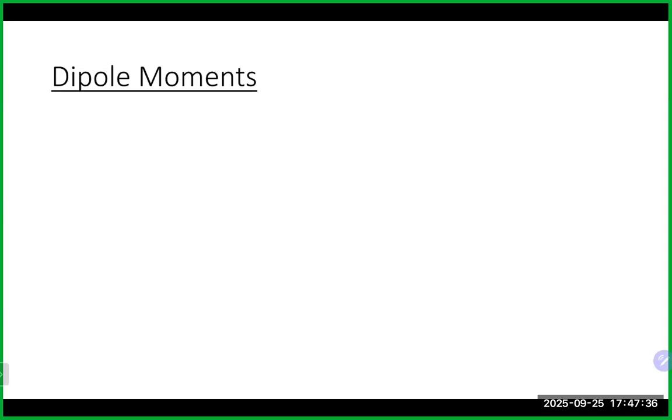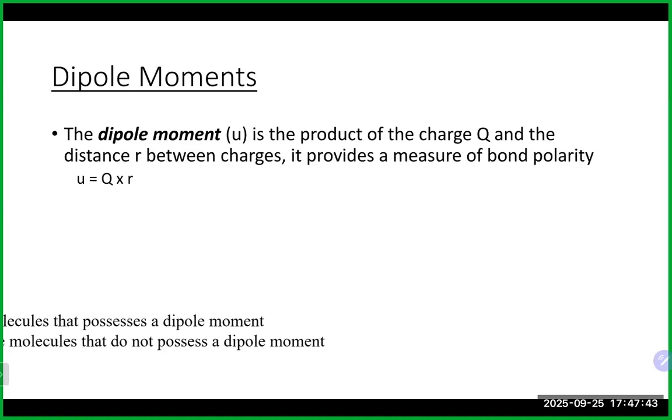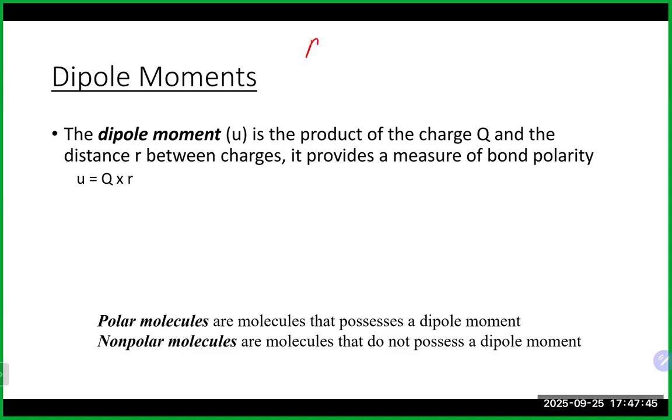All right, the last thing we're going to talk about here in terms of bonding is dipole moments and really molecular polarity. When we talk about molecular polarity, we are talking about the entire molecule as a whole, all the bonds that are there, all the bonds taken into place, the geometry of everything.